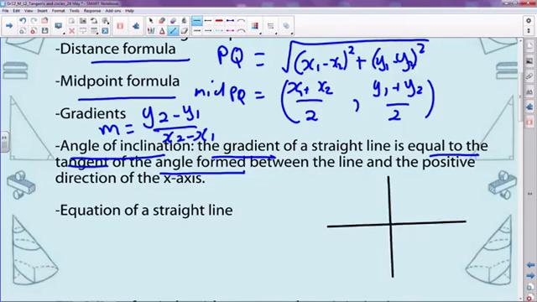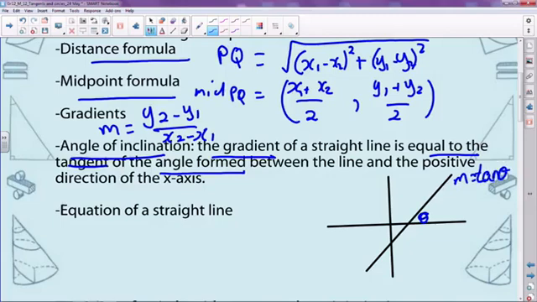If I were to draw a straight line cutting through the x and y axes as shown, then to find the angle of inclination, we know that the gradient of this line is equal to the tangent of the angle formed between the line and the positive x-axis. All right, so the gradient is equal to the tangent of that angle.